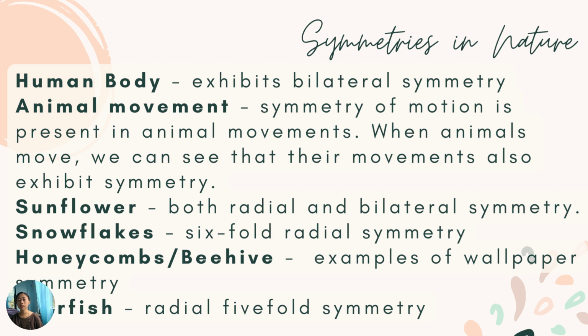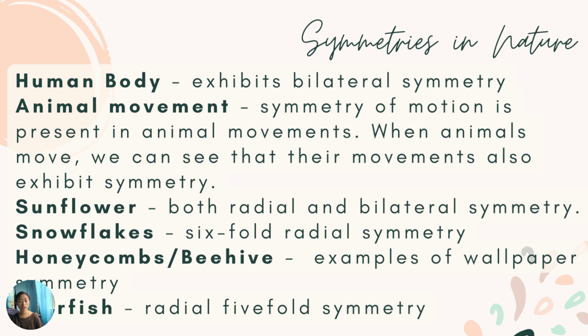Okay, symmetries in nature. I just put the terminologies again and their corresponding examples. A human body exhibits bilateral symmetry. Animal movement and symmetry of motion is present in animal movements.